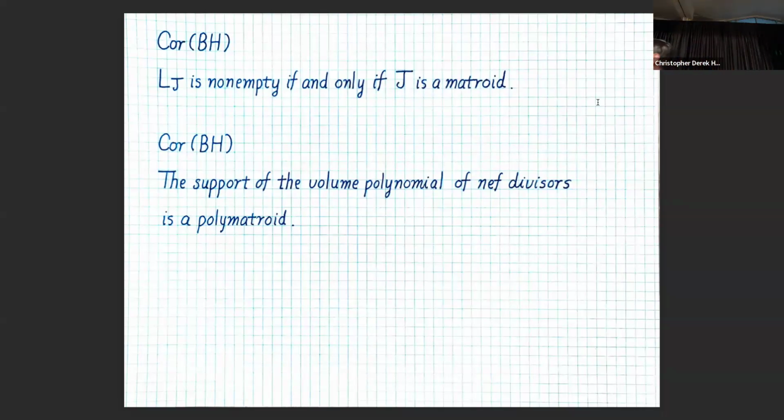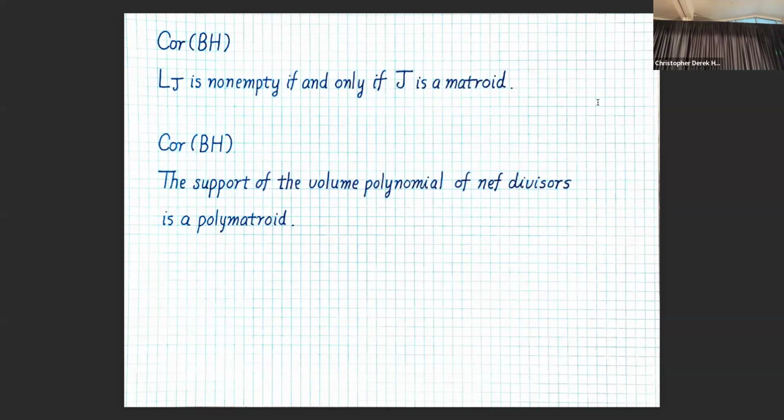Another corollary, this time it sounds like a theorem in algebraic geometry, goes like this. The support of a volume polynomial of nef divisors is a polymatroid. You take any projective variety, you take any nef divisors, and you produce this polynomial.